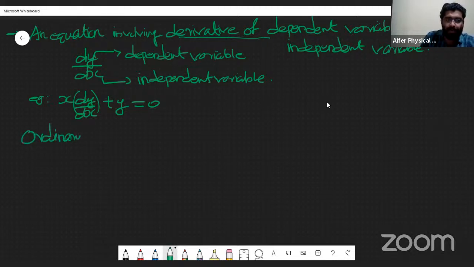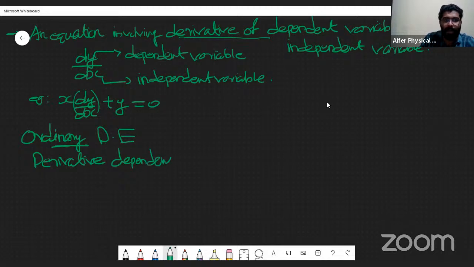An ordinary differential equation is a differential equation involving the derivative of a dependent variable with respect to an independent variable, but there is only one independent variable present. So it takes the derivative of the dependent variable with respect to only one independent variable.